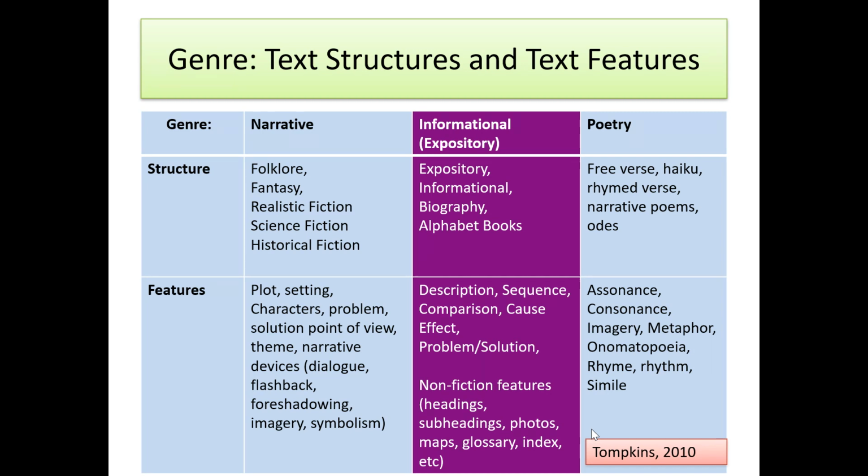Onomatopoeia, rhyme, rhythm, simile, specific structure where poetry is written in stanzas, lines and stanzas. So each genre has a specific structure and a specific feature to explain that structure.